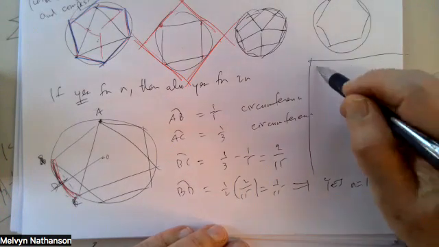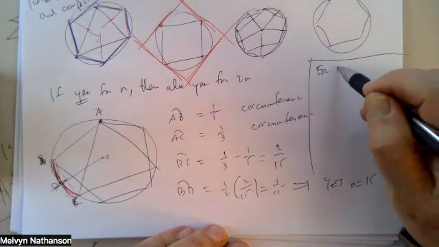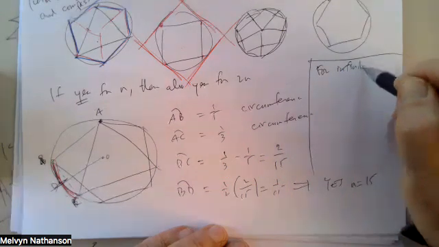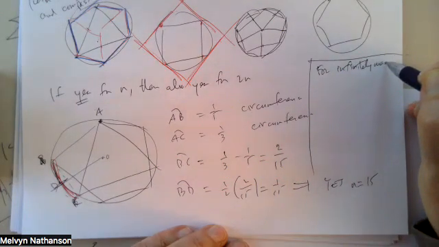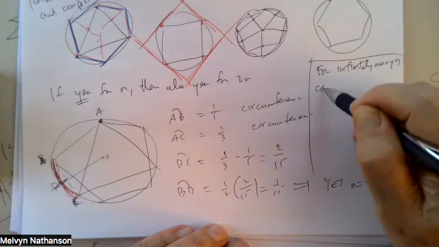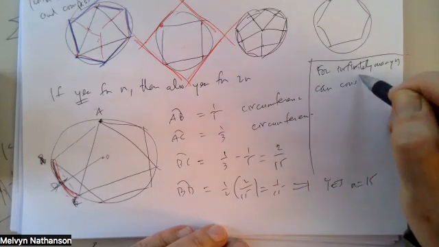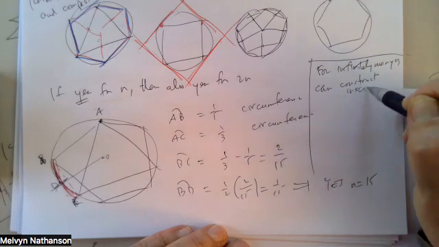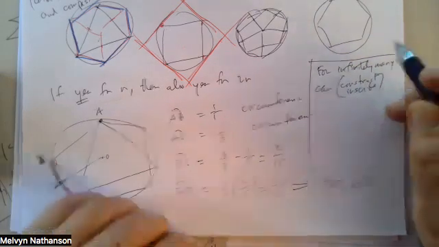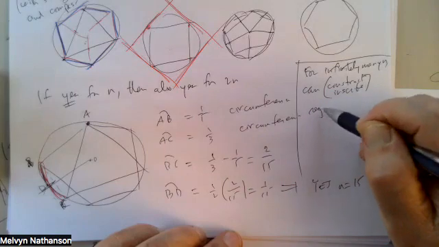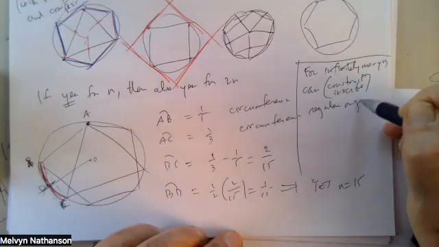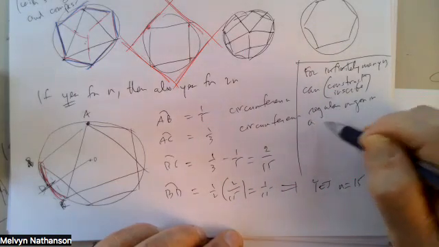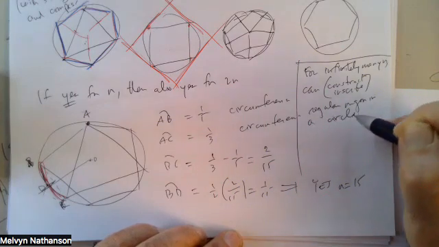So for certain n, for infinitely many n, we can construct or inscribe a regular n-gon in a circle.